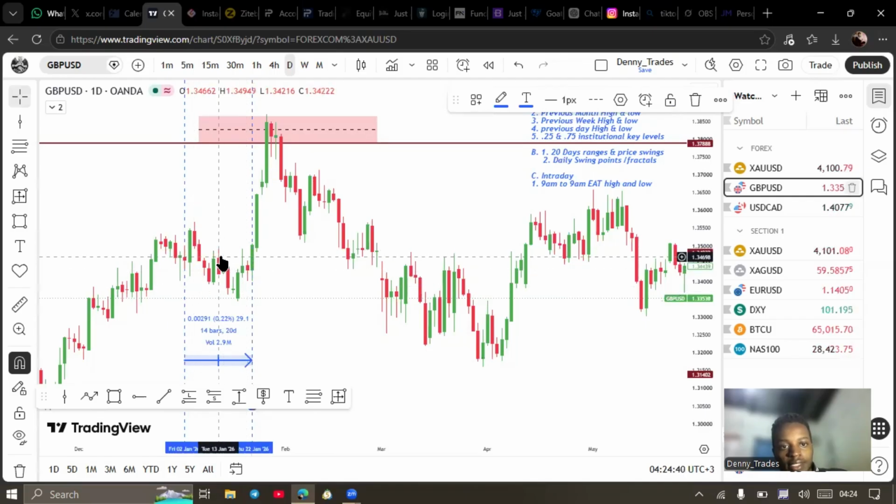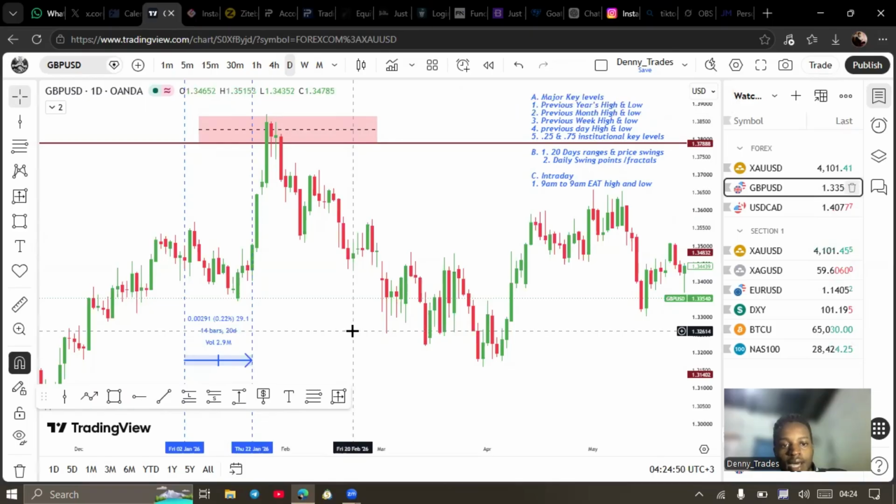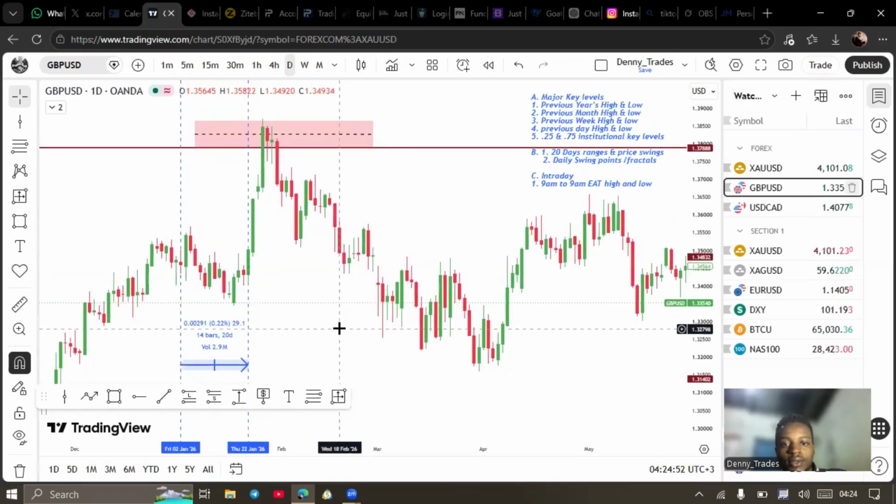Price will trade above or below the previous 20 days range, and remember, we call that bias. So you can determine bias on the monthly chart, on the weekly chart, and this is how to determine bias on the daily chart.